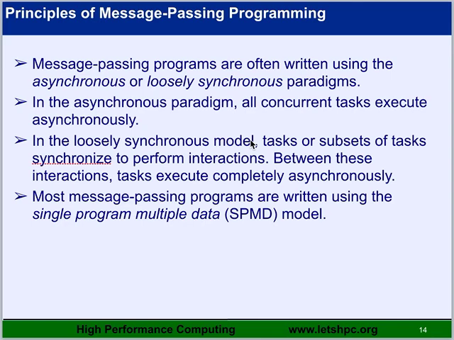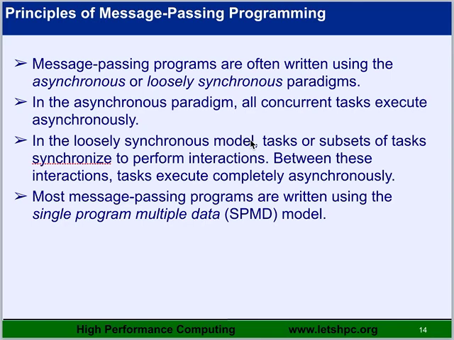So one can go ahead without being informed about what is going on in the other task. In the loosely synchronous model, tasks or subsets of tasks synchronize to perform interactions, and between these interactions, tasks execute completely asynchronously.